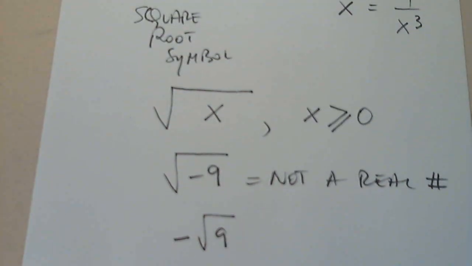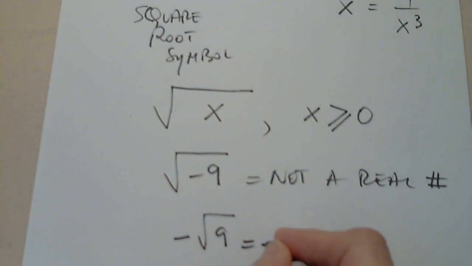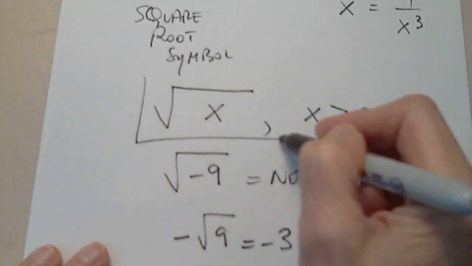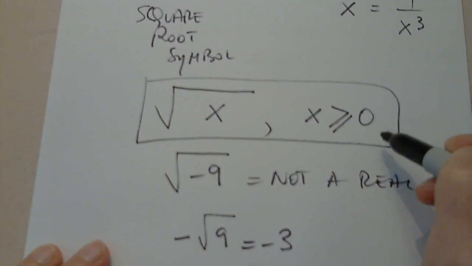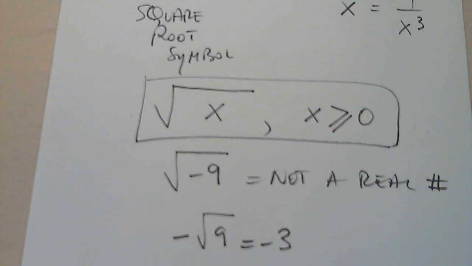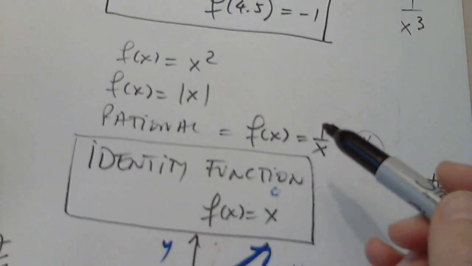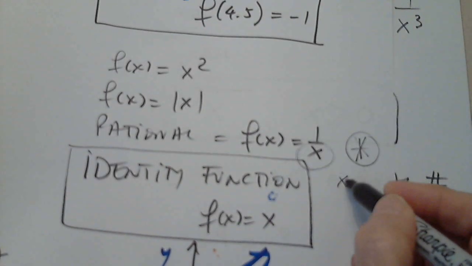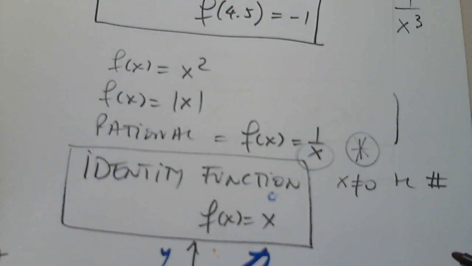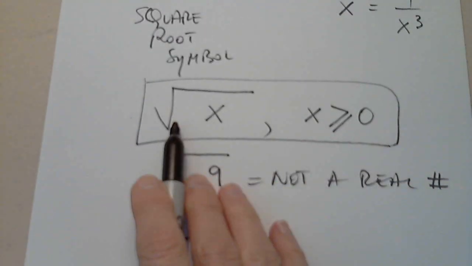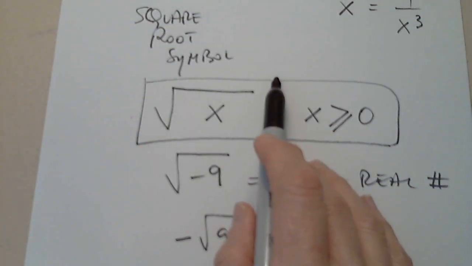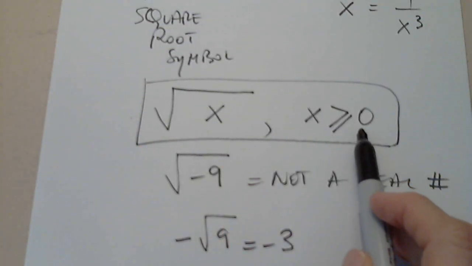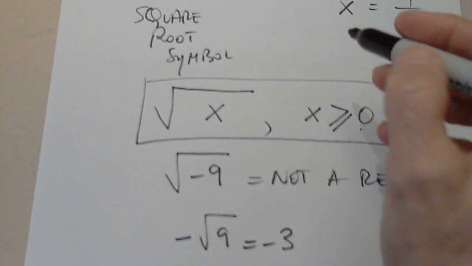Yes, I can, because of the order of operations. The square root of 9 is 3 with minus in front. This is -3. But this is a function with restrictions, like the rational function. This does not exist when x is 0. The same thing here. This does not exist if x is a negative number. So careful with this.